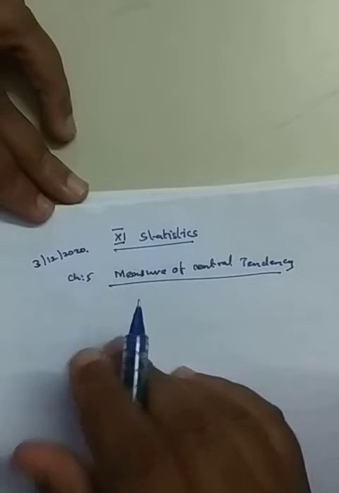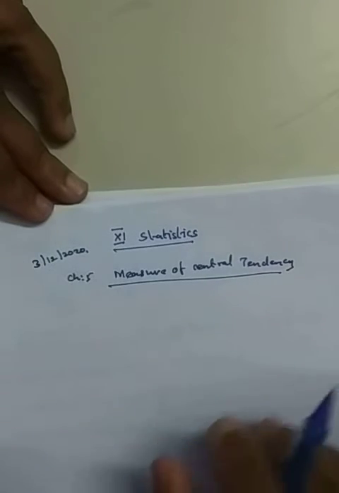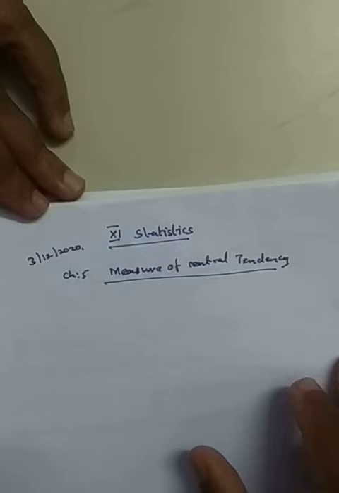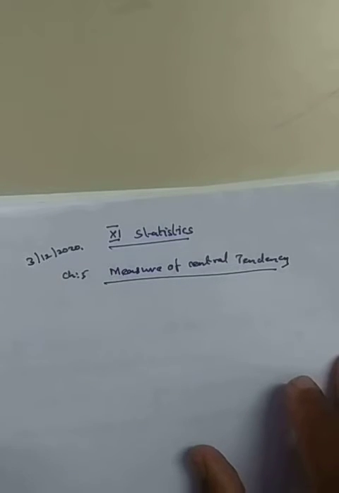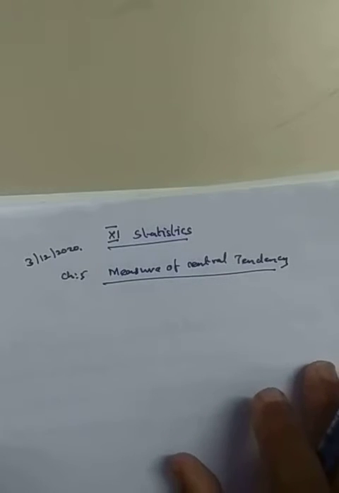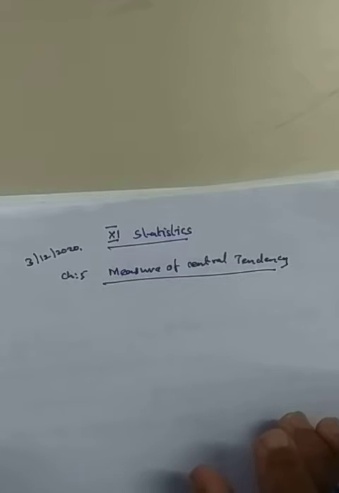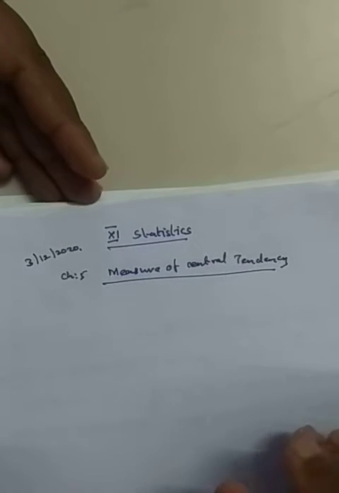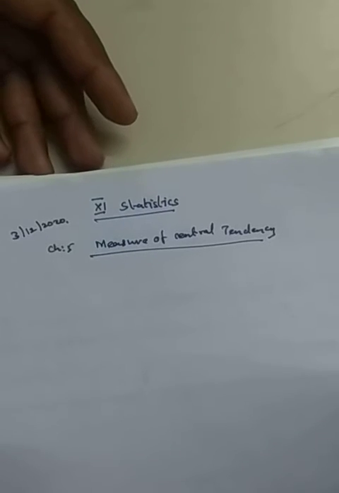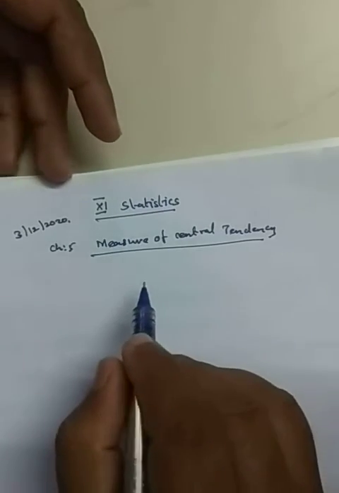We have seen mean, median, mode, with three types of data: raw data and grouped data, and for grouped data two categories, discrete type and continuous type. After that we have seen quartiles Q1, Q2, Q3.